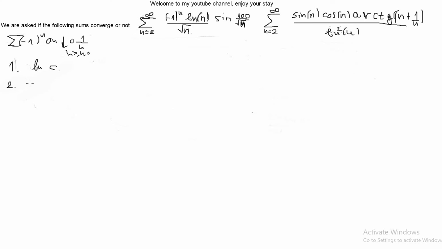So sine, what do we know about sine? Here it is monotonically decreasing. As n gets bigger, sine of 100 over square root of n will get lower and tend to 0.